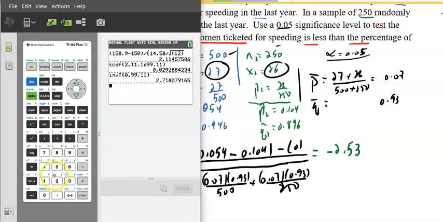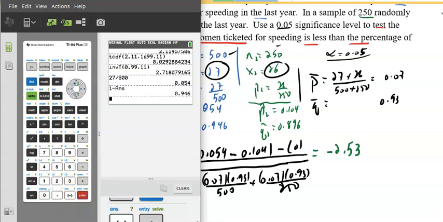Okay, I want to take a bit of time so that I can show you how I got all of these numbers. If I take 27 divided by 500, there's the 0.054. Right away, take 1 minus that answer and I'll get 0.946. If I take 26 divided by 250, I'll get 0.104, and again 1 minus the answer gives 0.896.